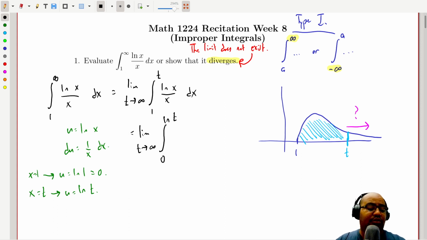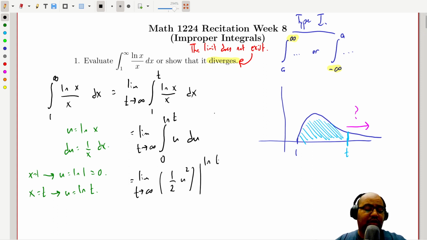And what is this reduced to? Well, log x is now u, and 1 over x dx is du. And take a look at that. That's just a power rule, an integral that we know how to handle. So we still treat this like normal. The antiderivative is 1/2 u squared, evaluated between 0 and log t.